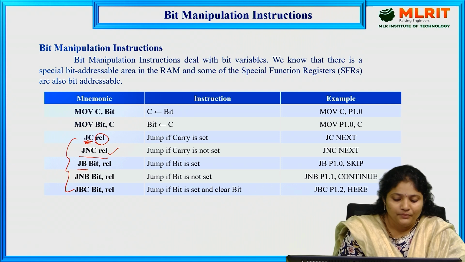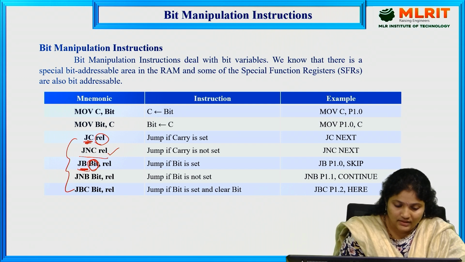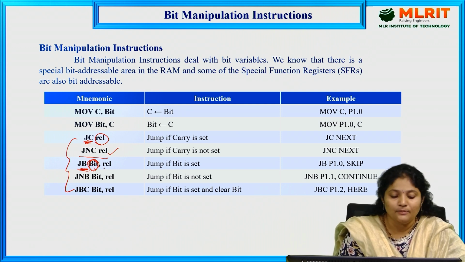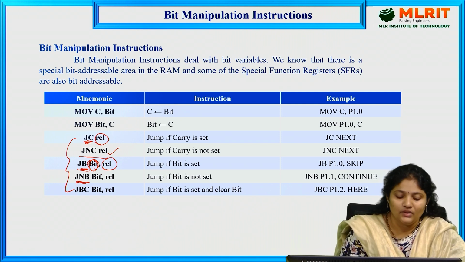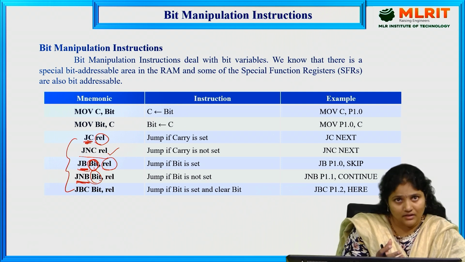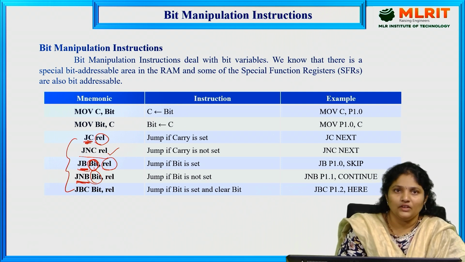Jump if bit is set: JB. If the specified bit is set, then only it will jump to the location we have mentioned. JNB, jump if bit is not set: if the bit at the location we have mentioned is 0, then only the operation will be performed.